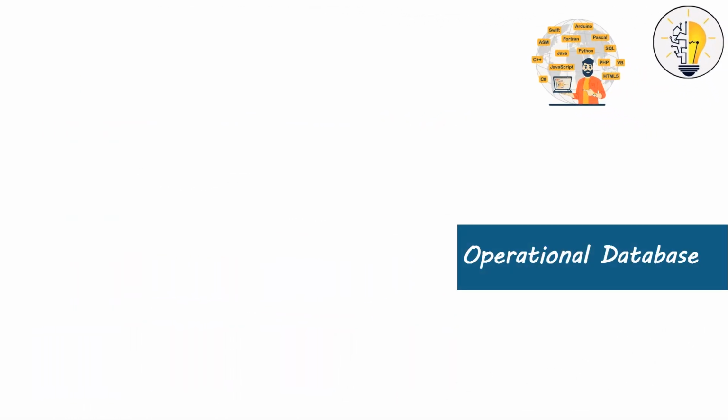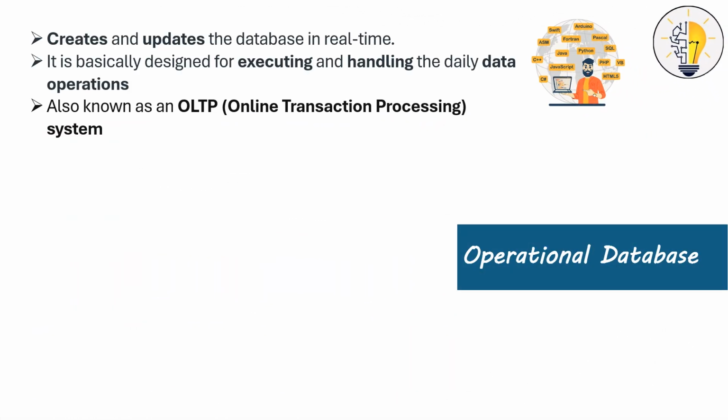database. It is nothing but the operational database. What is operational database? So here it creates and updates the database in real time. So it is actually designed for executing and handling the data operation in several businesses.